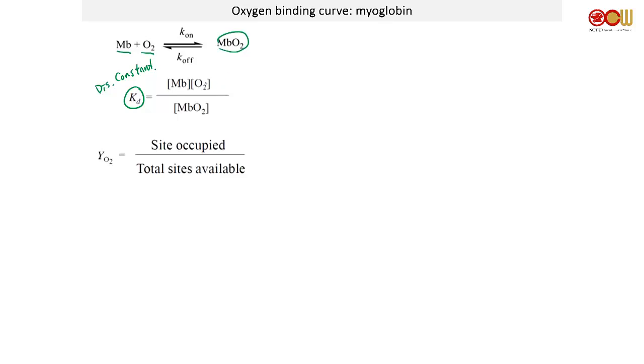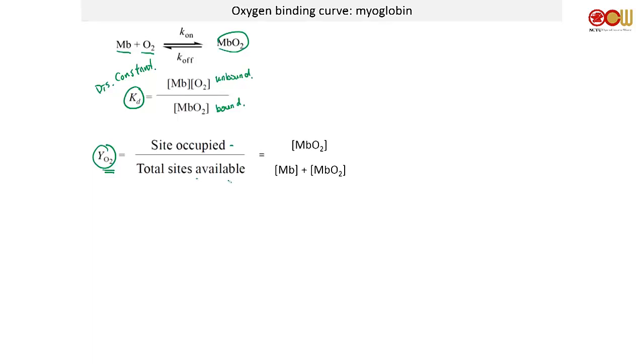So this is the unbound over bound. And we also define the fraction of O2 bound on your protein as sites occupied divided by total sites available. Make sense? Okay, so it's going to be a fraction.